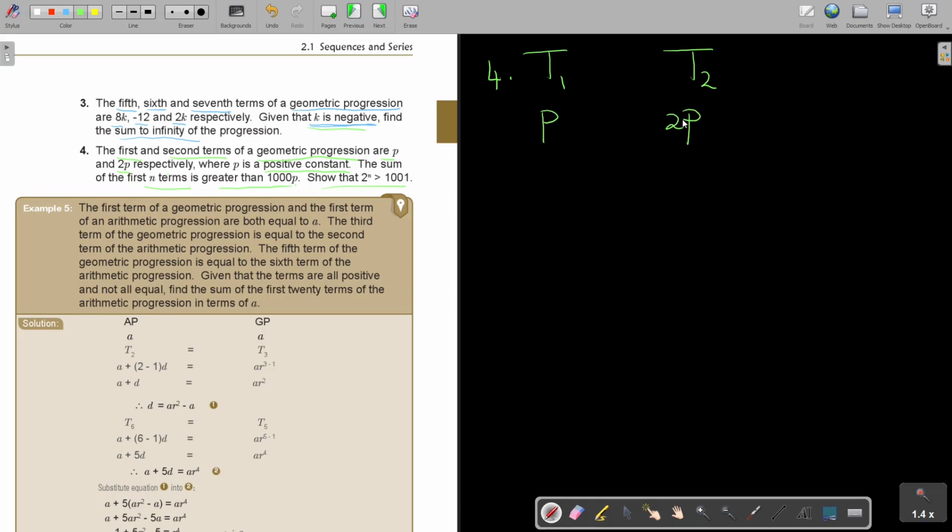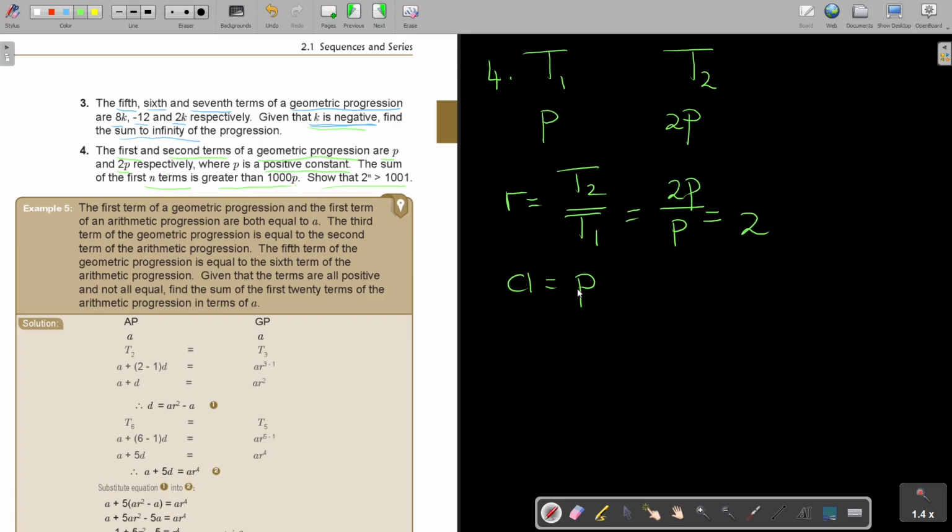It's actually a very short sum. Out of that I can find my value of r. T2 divided by T1 is 2p over p, so my value of r is 2. Don't forget that my value of a is p. They say the sum of the first n terms.